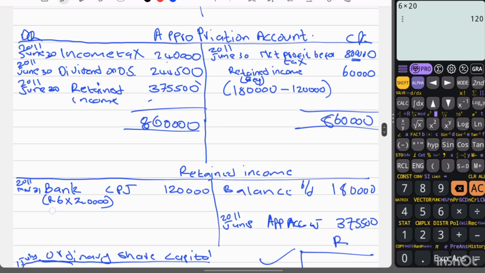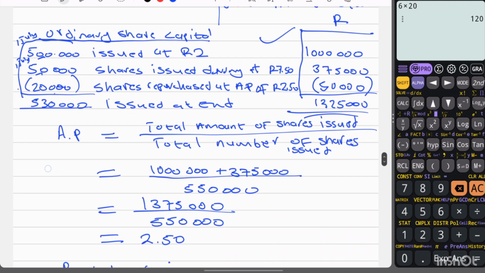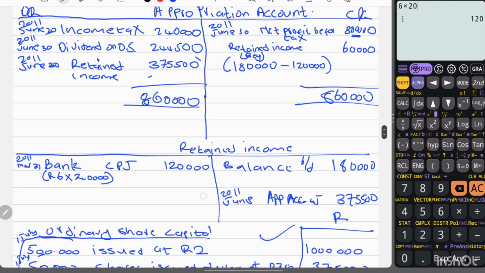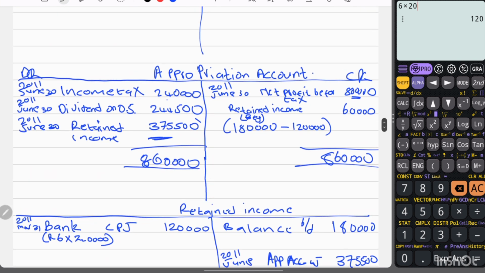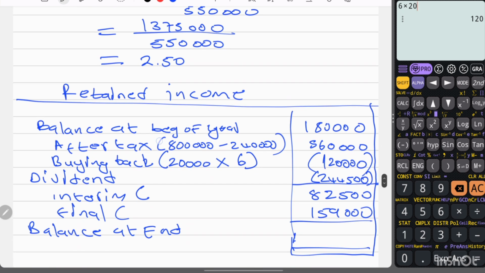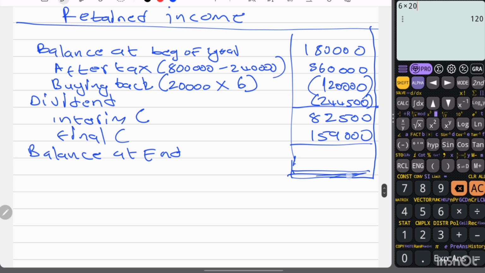You're going to get 244,500. Now let's prove it now, guys. In this calculation, our return income under the appropriation account must be the same as this one. Now, what do I mean? I mean this amount must be the same with this amount that we are going to get here.